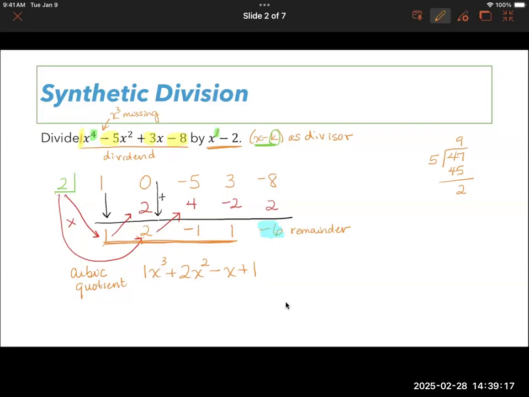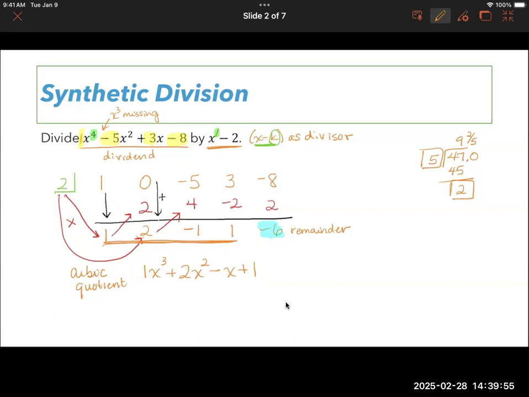One way was to literally write R2 to mean you had a remainder of 2. One way was to put a decimal point with a 0 and continue, bring the 0 down and continue dividing. And a third way was to actually take your remainder, put it over your divisor, and have a fraction as part of the answer. So if we did that here with this number, we would have 9, and then we would have 2/5 as part of our answer.